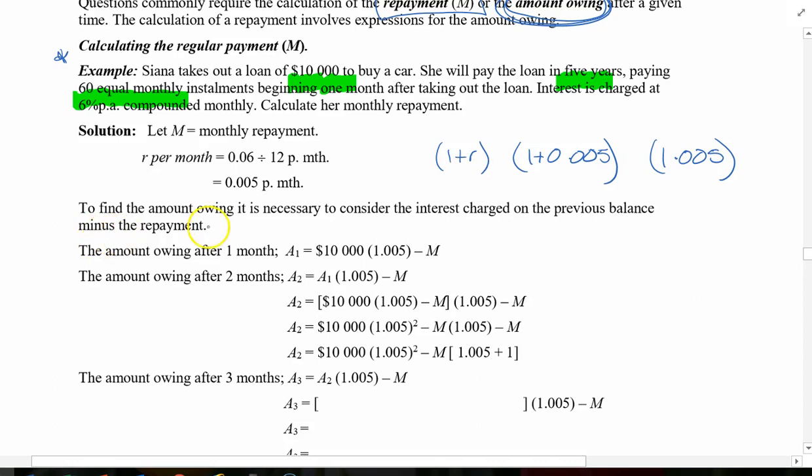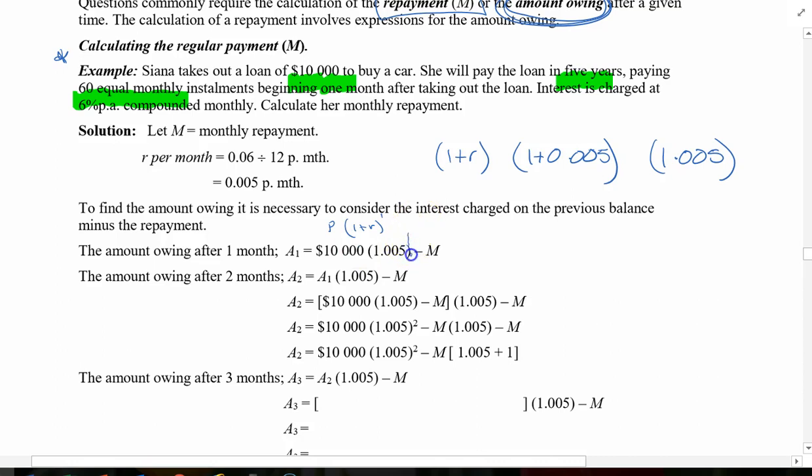So to find the amount owing, which we saw in the previous example, it's necessary to consider the interest that will be charged on the previous balance minus the repayment. So the amount owing after 1 month would be P times 1 plus R, and of course that amount, $10,000, will only sit there for 1 month, so the interest is only charged for 1 month, and so we get this amount owing.